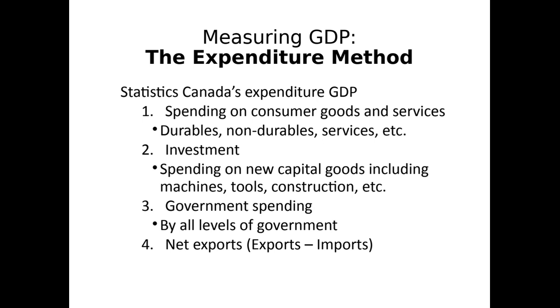So rather than writing exports minus imports, we write net exports, and we represent net exports as NX. So NX is net exports, that is exports after subtracting all imports. We just add all these four terms to get GDP.